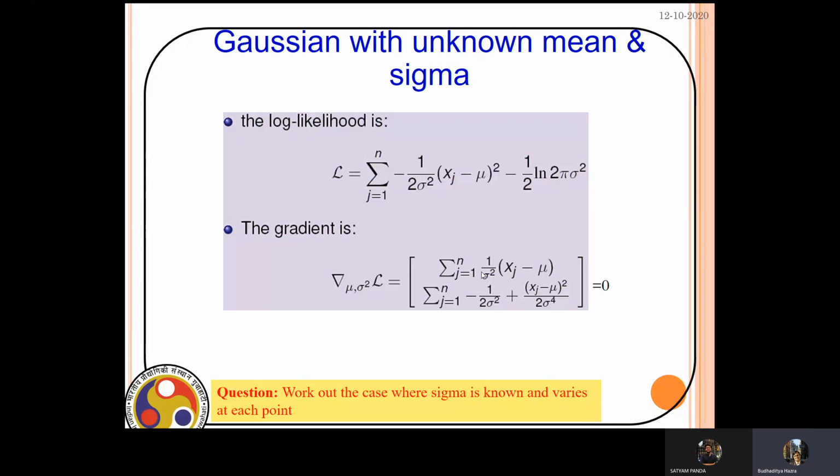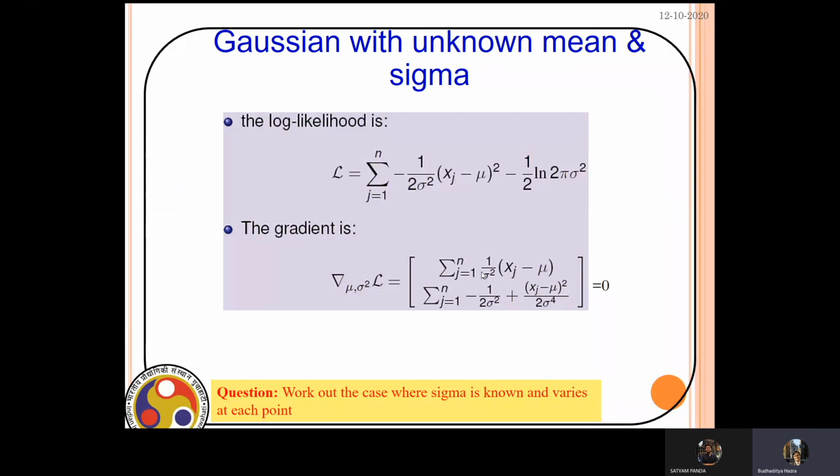It simplifies to dL by d mu equal to 0, and dL by d sigma square equal to 0. Now that gives you two expressions. If you solve these two expressions, you will see that mu comes out to be equal to the sample mean, and sigma comes out to be equal to the sample standard deviation.